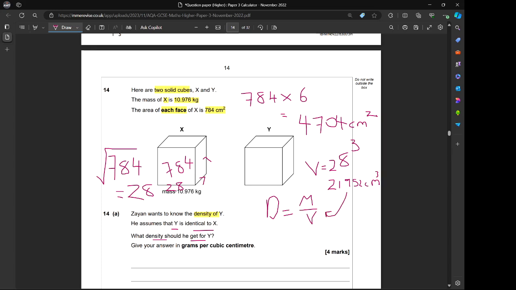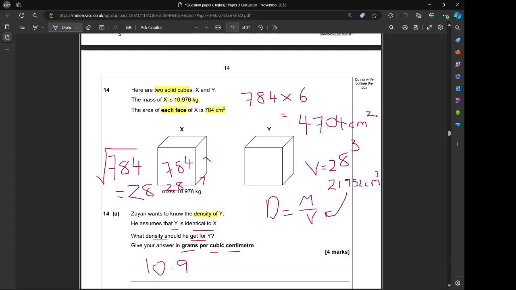What about my mass? Well, remember, it wants it in grams per cubic centimeters. So 10.976 in kilograms, you times that by 1,000.